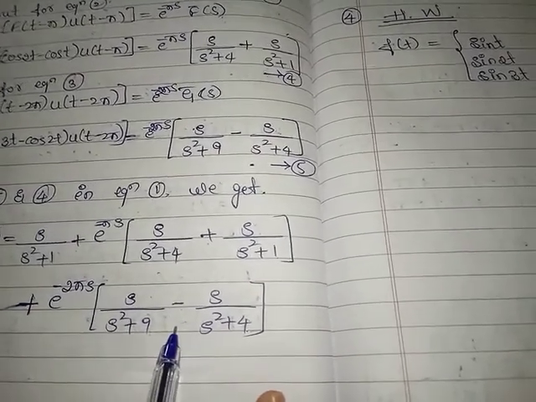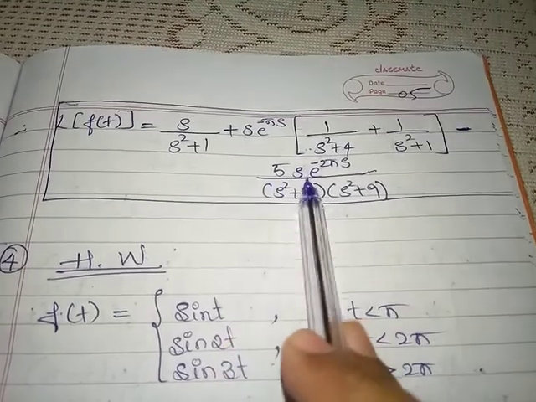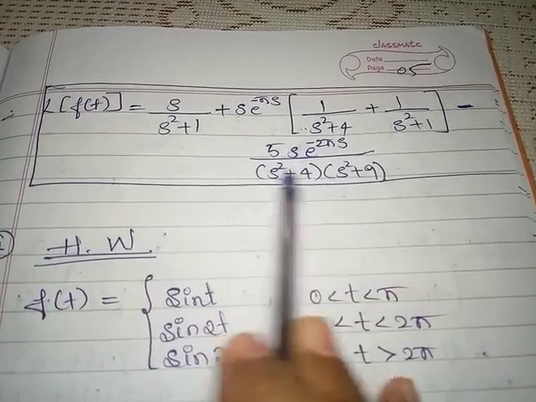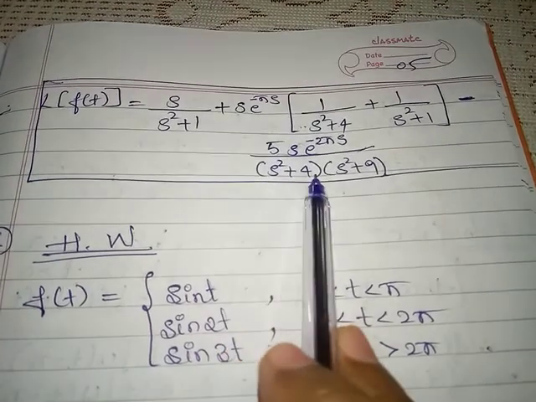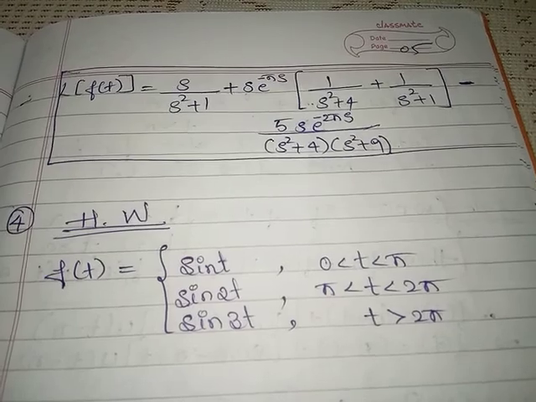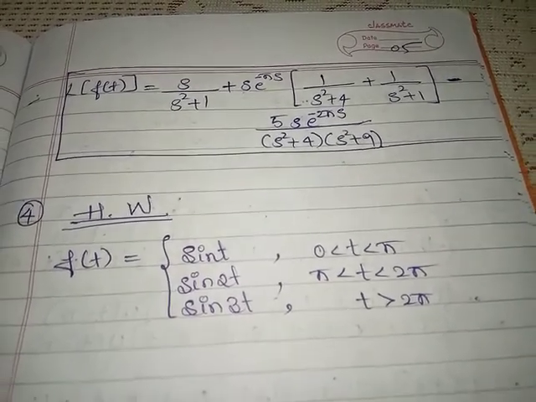We get 5 into s into e raised to minus 2 pi s divided by s square plus 4 into s square plus 9. This is the required Laplace transform for the given function.